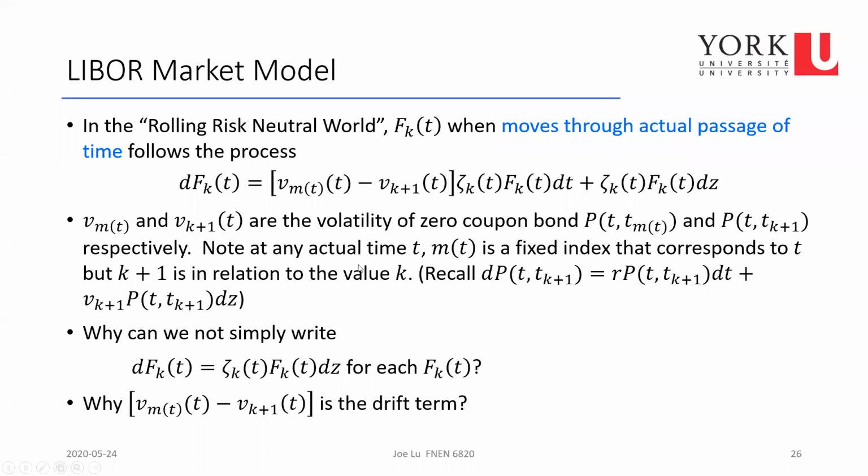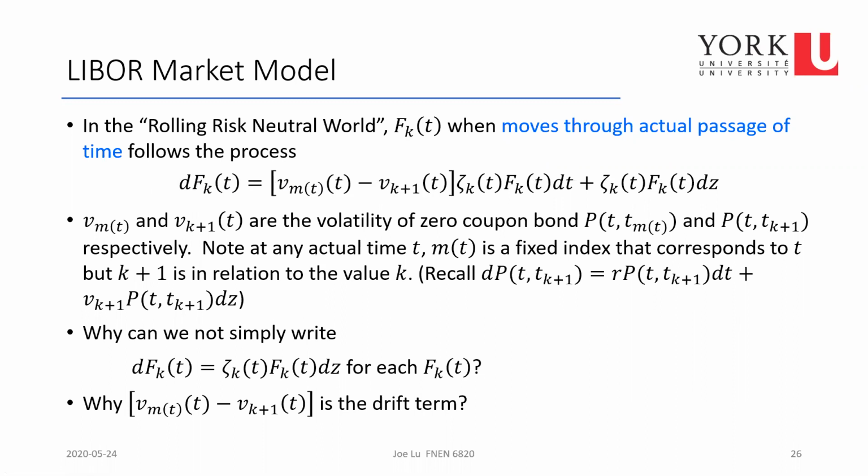Now, up to this point, we have something about the evolution of the forward rate, but we haven't really got the BGM model because we still have this drift here, which is actually not the drift of the forward rate; it is expressed in terms of the zero coupon bond price volatilities.